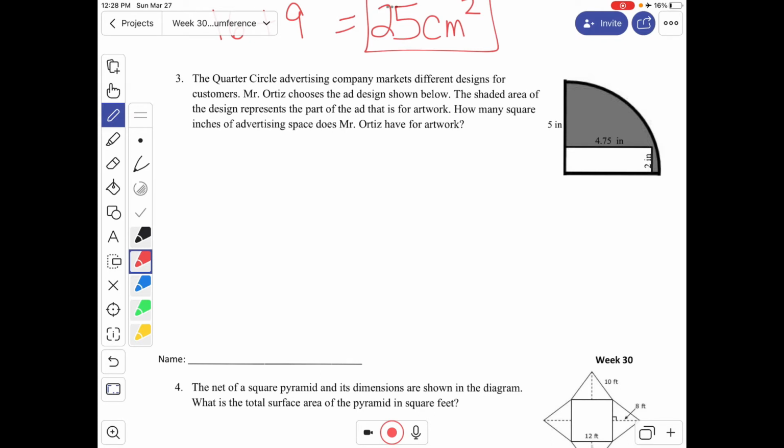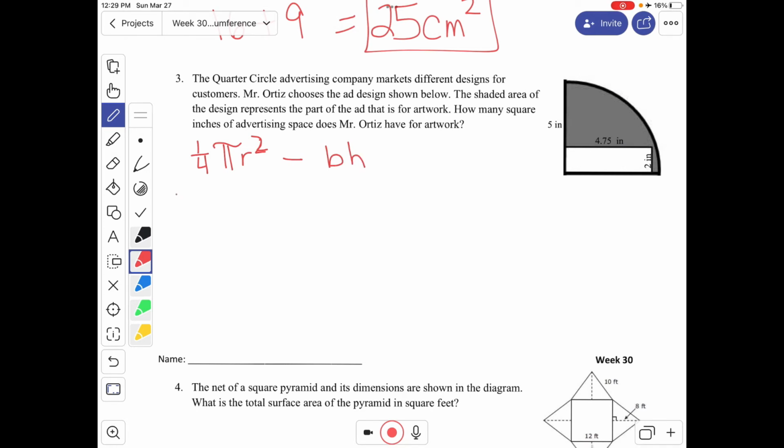Well, that looks like a quarter circle. Remember, our formula for a quarter circle is 1/4 the area of a circle, which is pi times radius squared. And we're going to need to take out the area of this rectangle right here. So minus base times height, because the area of a rectangle is base times height.